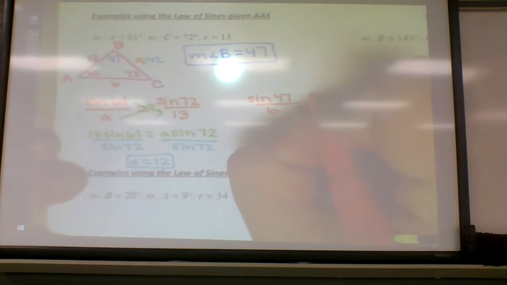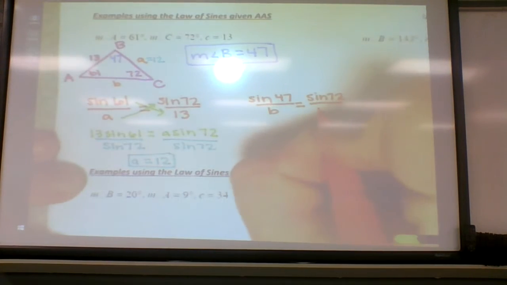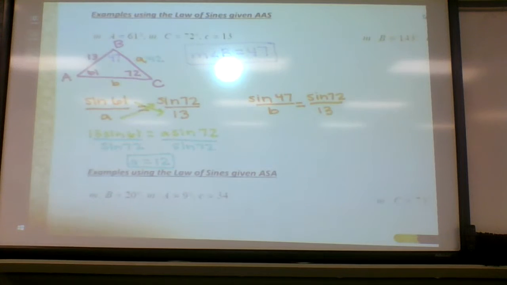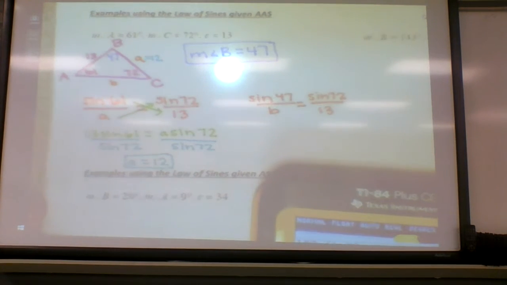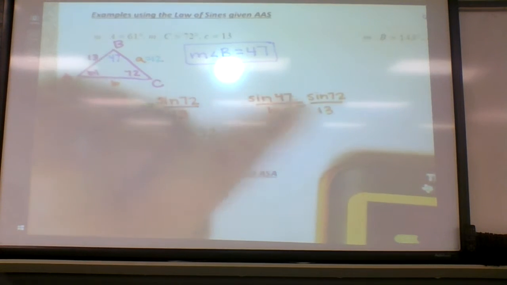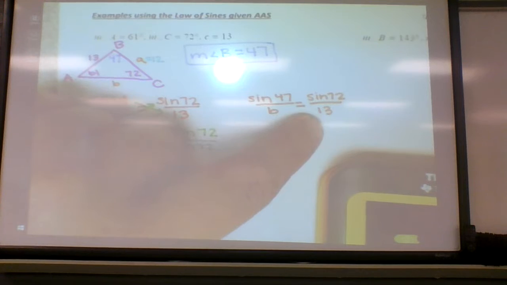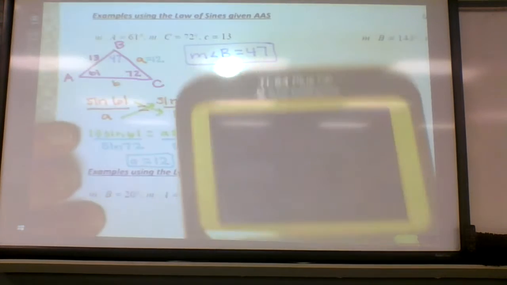I'm going to use C because that's the one they gave me, and I didn't have to do any rounding or anything in the number, so I just like to keep it consistent. Also, if you keep it consistent like that, the same thing would happen here, right? You would cross multiply. And so it would be 13 times the sine of 47 divided by the sine of 72.